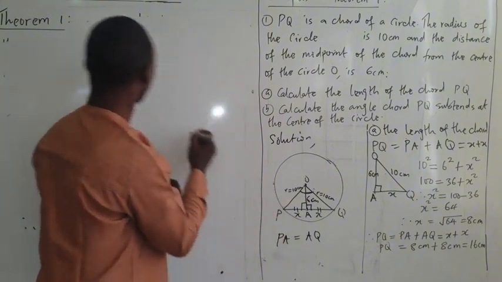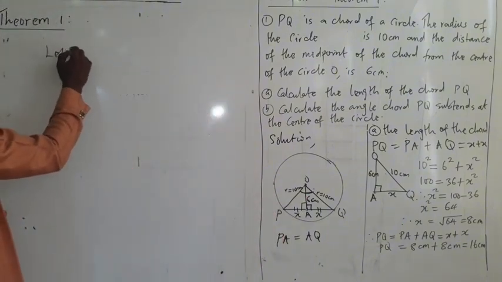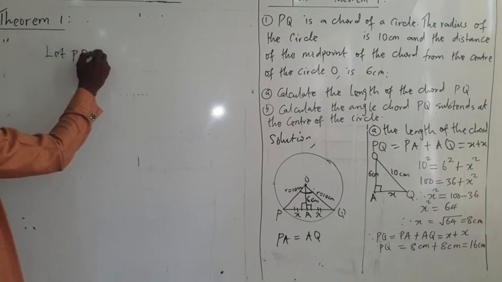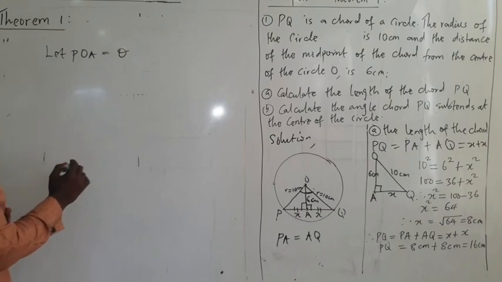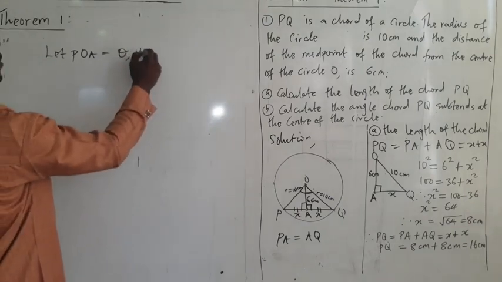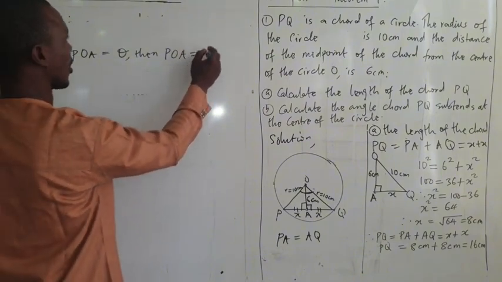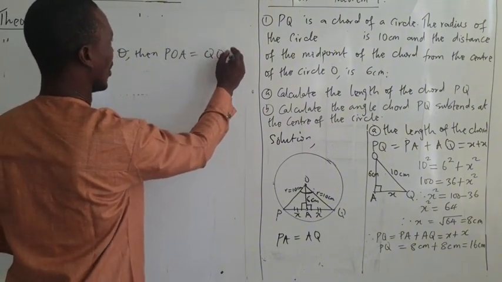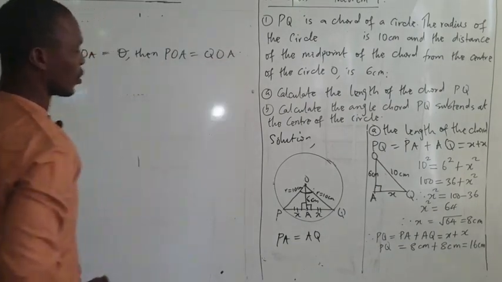So let's say POA equals theta. If POA is theta, QOA will also be theta.